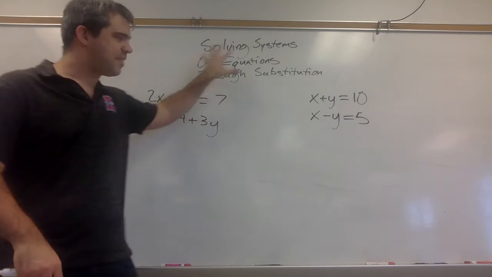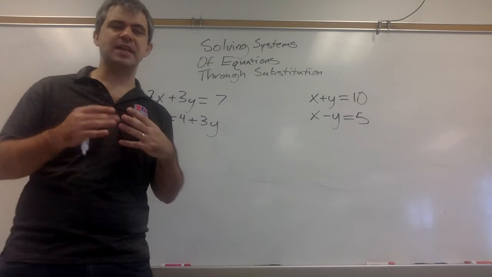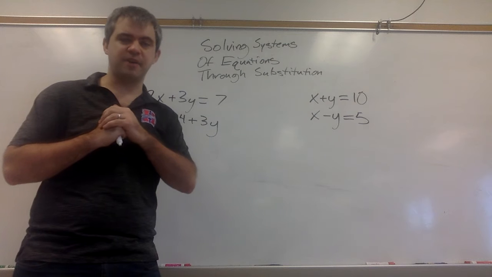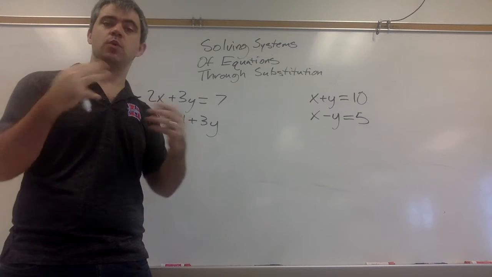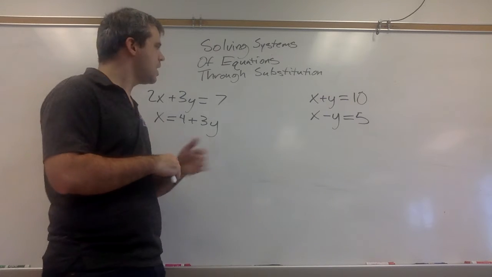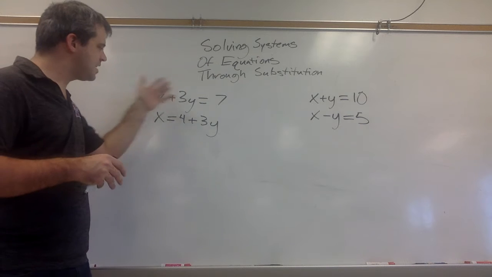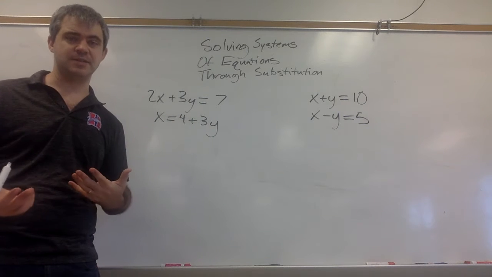So all of these methods that I'm going to teach you basically get rid of one of the variables. And by getting rid of one of the variables, we wind up with something that we can solve. So the substitution method takes one of our variables and isolates it.